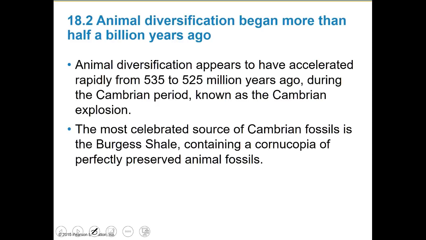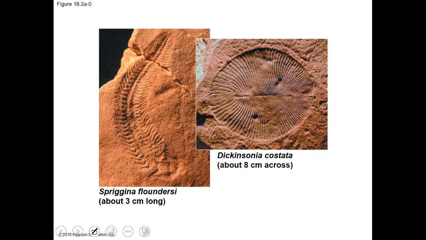So animal diversification appears to have accelerated rapidly between 535 and 525 million years ago. This we call the Cambrian period, or the Cambrian explosion. The most celebrated source of Cambrian fossils is called the Burgess Shale, which contains this cornucopia of perfectly preserved fossils. They're incredible.